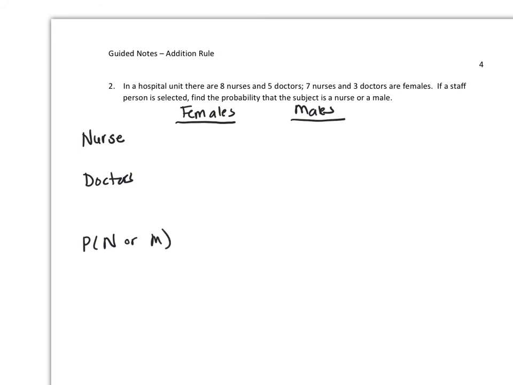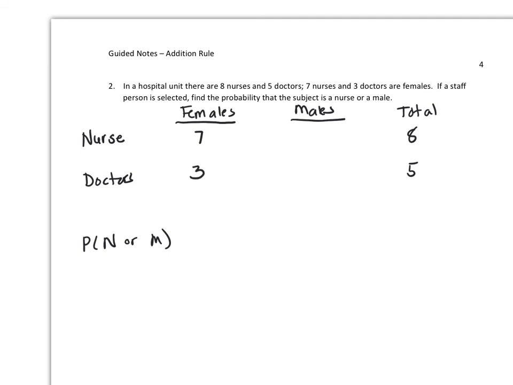All right, in a hospital unit, there are 8 nurses. Well, that means if I was to sum up the first row, this would be 8. And 5 doctors. Well, this would be a 5. In a hospital, there are 8 nurses and 5 doctors. 7 nurses and 3 doctors are female. 7 nurses are female. 3 doctors are female.